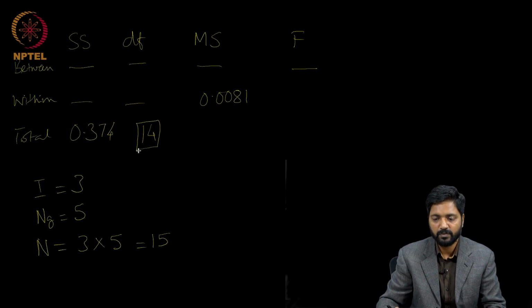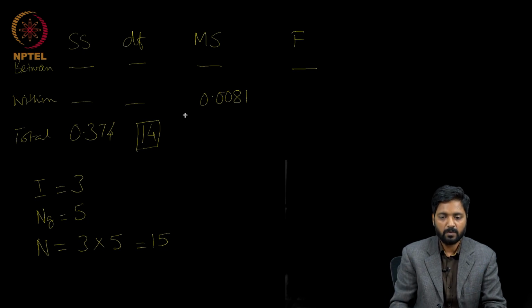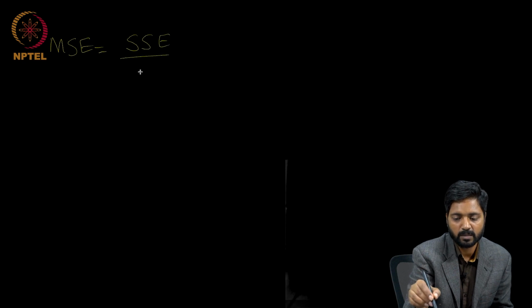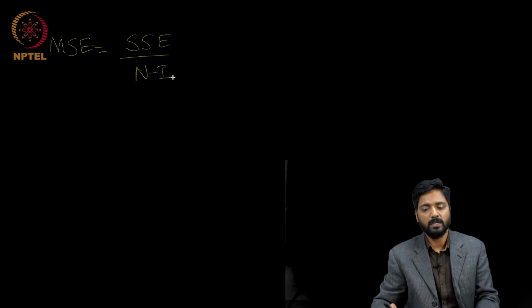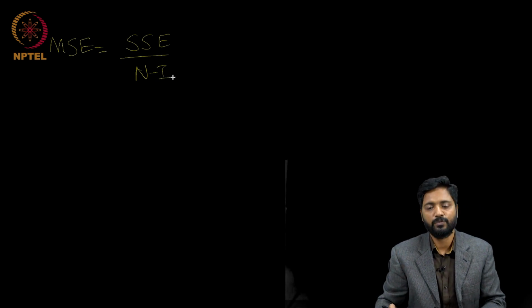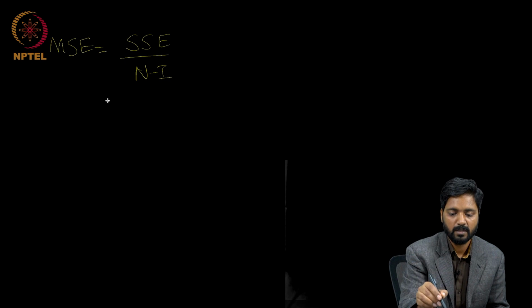Now we have the mean square error value, which is given to us, and mean square error is 0.0081. Now what we understand is that the mean square error is equal to the sum of squares due to error divided by n minus I, which is the degrees of freedom for error.